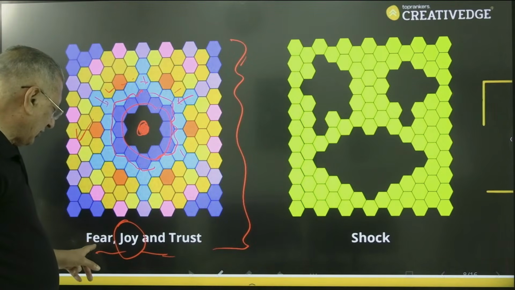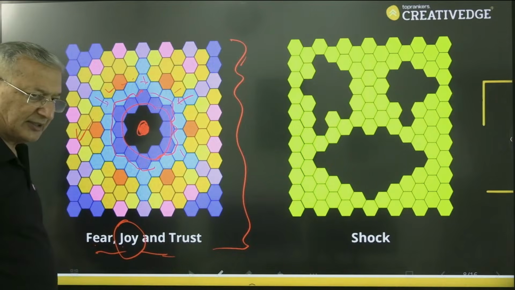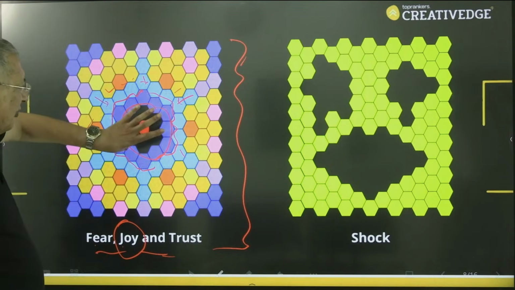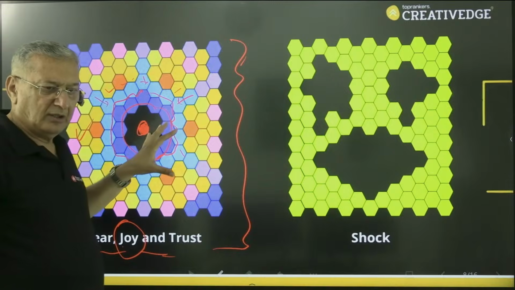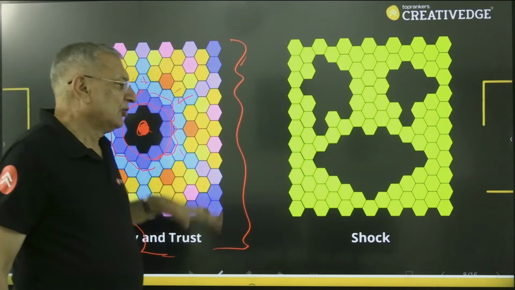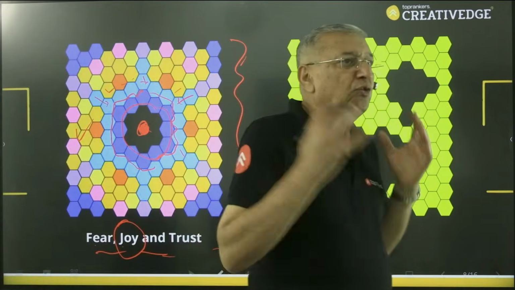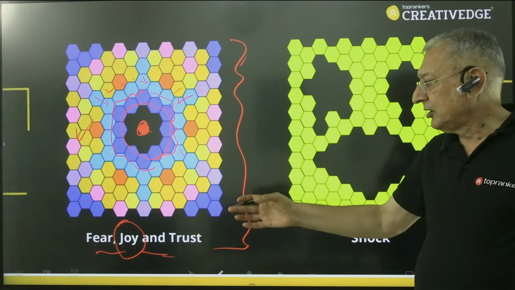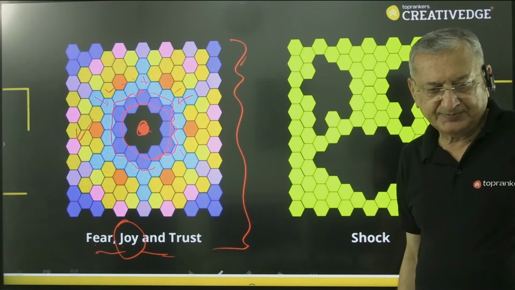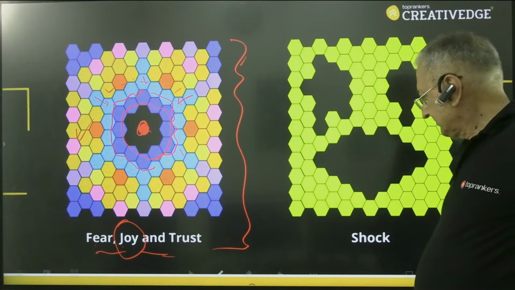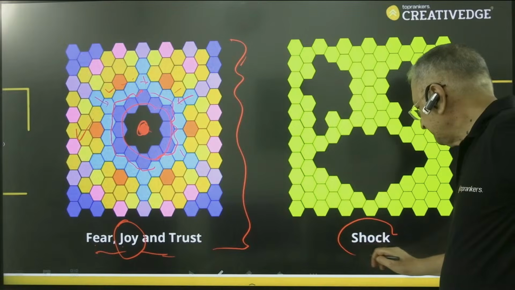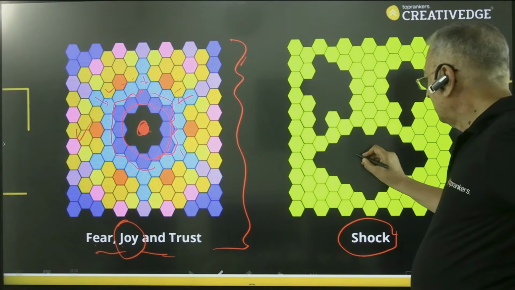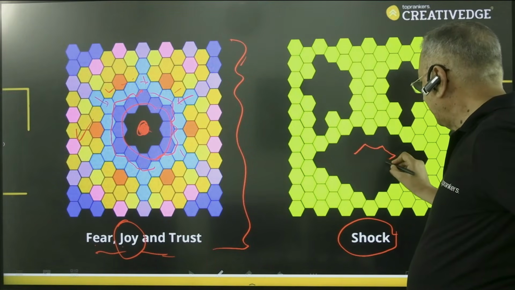They will not ask you fear, joy, and trust together. But this is what I'm taking as an example for this lecture, so that you know what is to be done with such tricky words. Shock. Again, a little red could be added here.